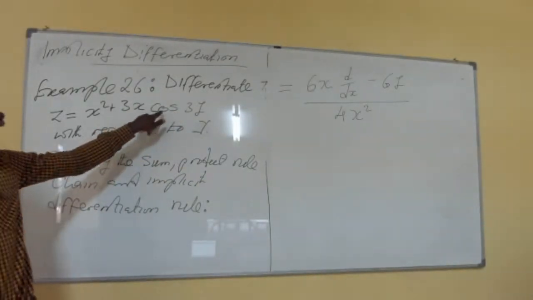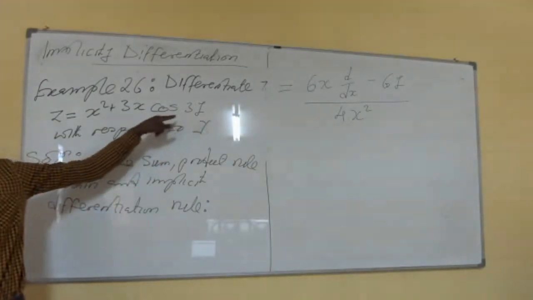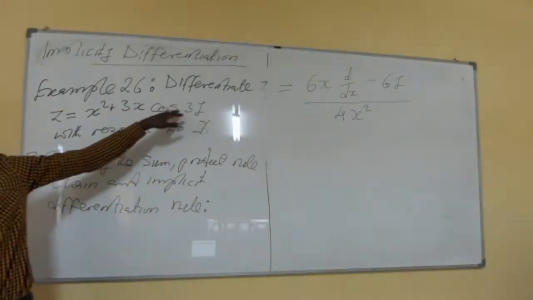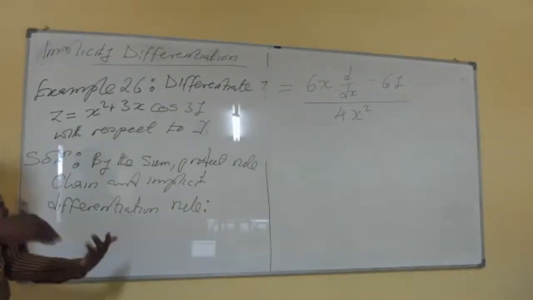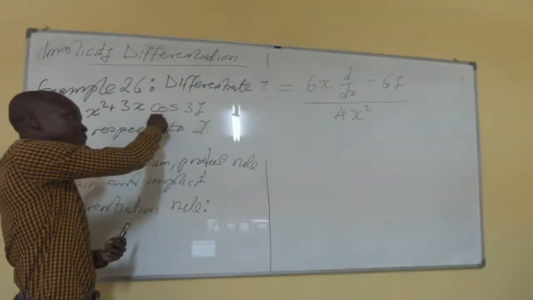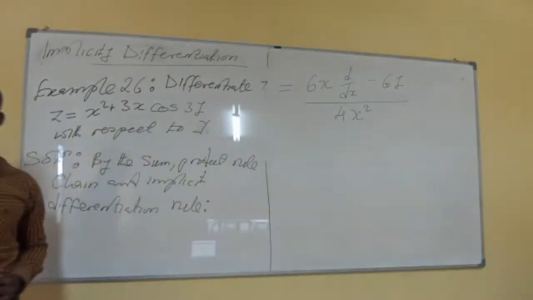Now, cos 3y is a composite function, a compound function. Because it's a compound function, for us to differentiate it, we need to apply the chain rule.